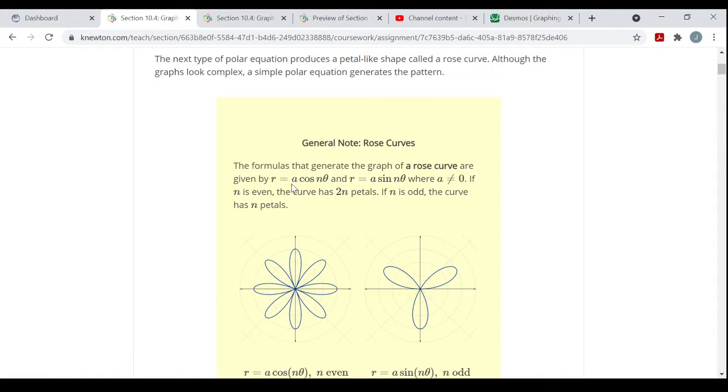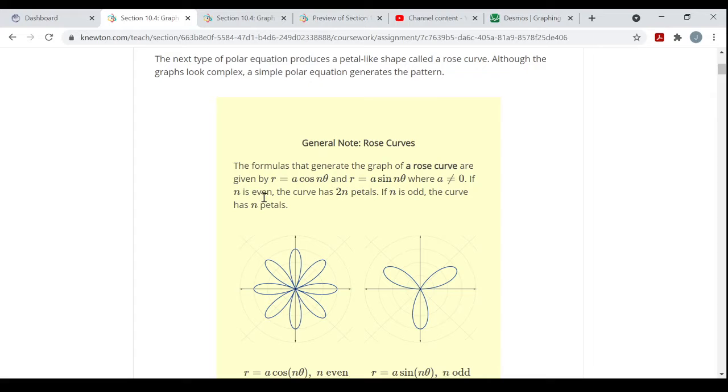Either r equals a times the cosine of n theta, where n is a whole number: cosine of 2 theta, 3 theta, 4 theta, etc. Or r equals a times the sine of n theta, where it could be the sine of 2 theta, 3 theta, 4 theta, etc. So if you see an equation like this, you're going to get one of these rose curves.